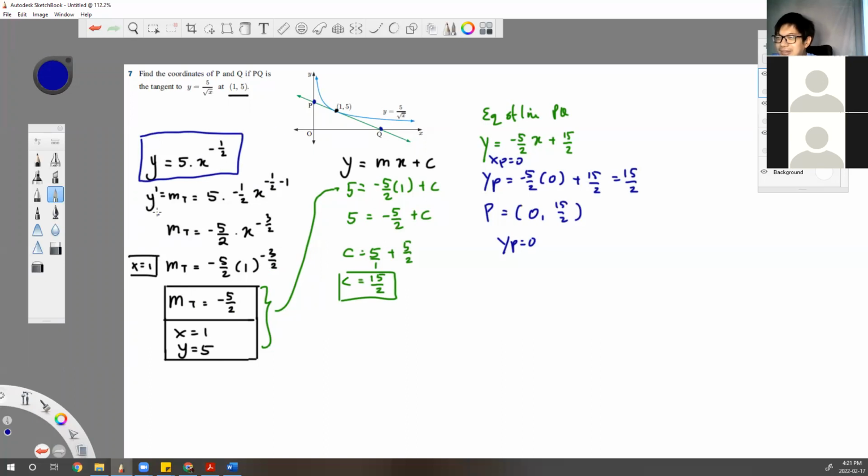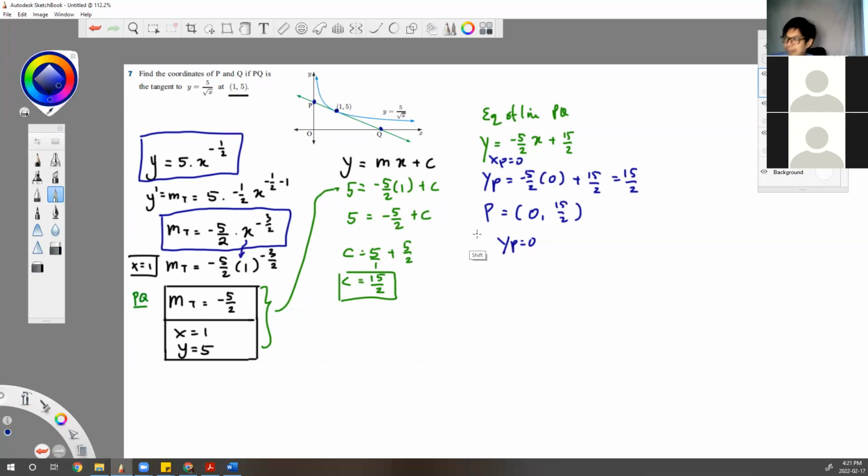So this is the equation for the tangent, and we have a specific point at x = 1, so you put x as 1 and you get the value of the gradient of PQ. So you have to understand that if you differentiate the curve, you will get the tangent equation for PQ. Okay, continue, yeah.